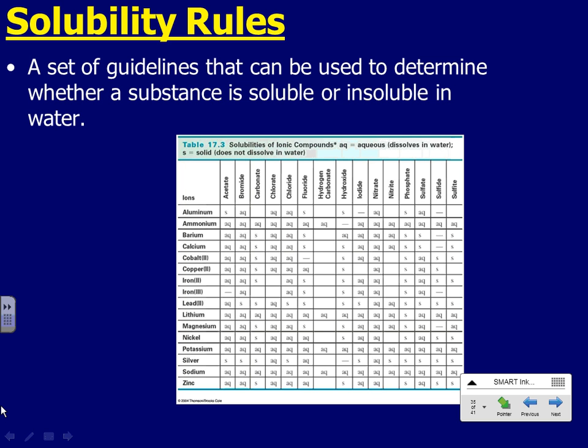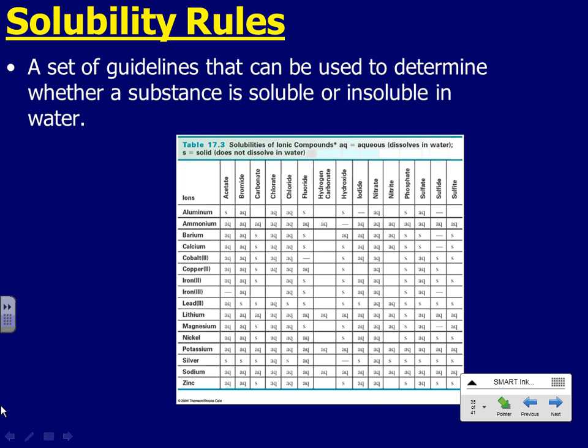In previous years, we've used a table, and I'm trying to find an example of it. Oh yeah, this guy. In previous years, we used the table. Instead of it just telling you whether it's a solid or aqueous, it used terms like not soluble or insoluble, slightly soluble, and soluble.